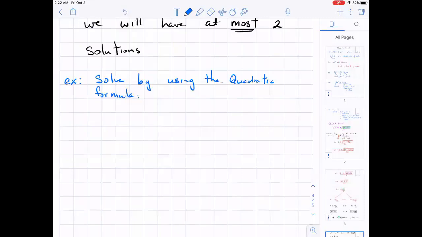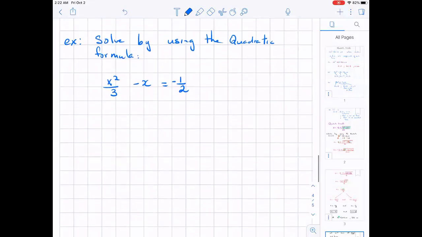So our next example, we'll solve, let's see, we have x squared divided by 3 minus x is now equal to negative 1/2.